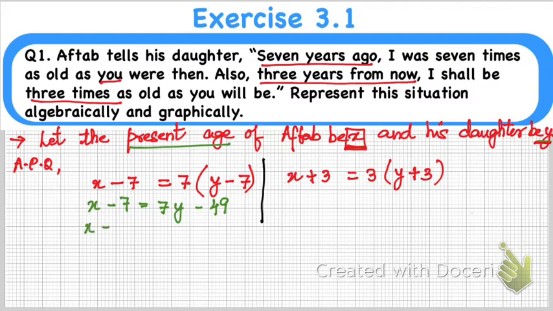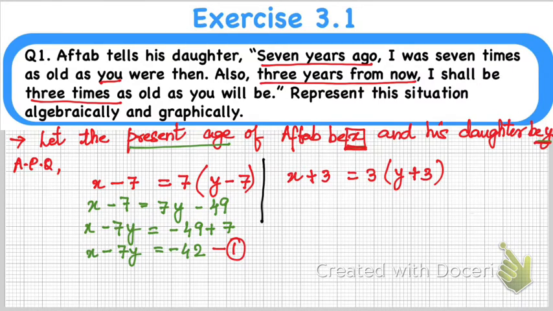Now, bringing the y terms to the LHS and the constant terms to the RHS, we will get x minus 7y is equal to minus 42. This can be written as equation 1.